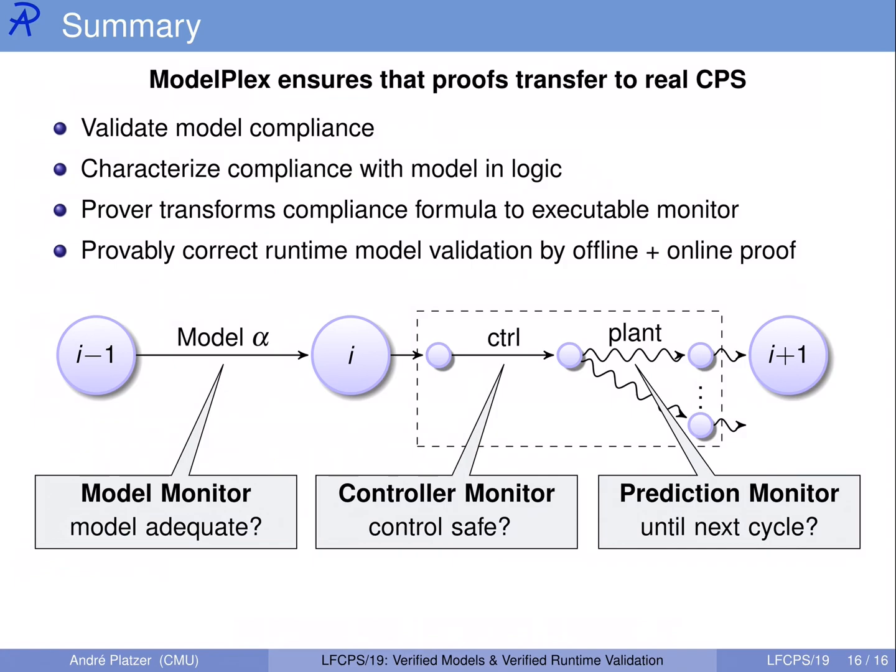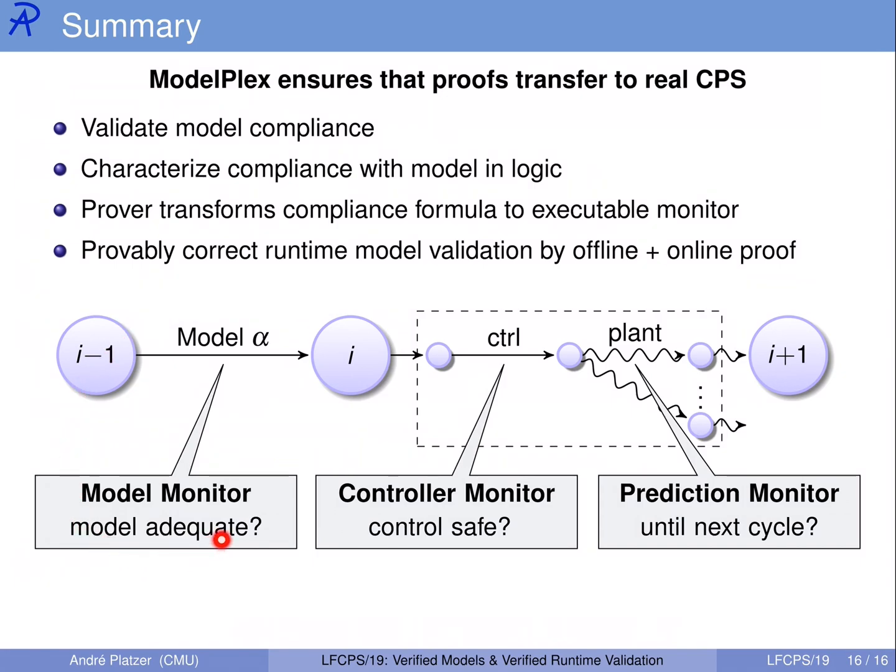The proof then transforms this compliance formula into an executable monitor, just with arithmetic, that can be run in a real machine, and with slight twists can even also be run with finite precision machine arithmetic, for example, also in provably correct ways.